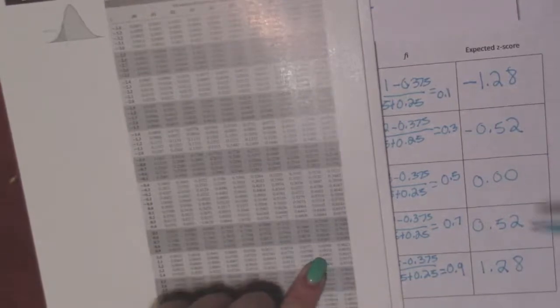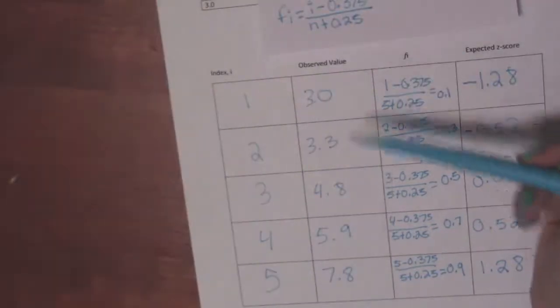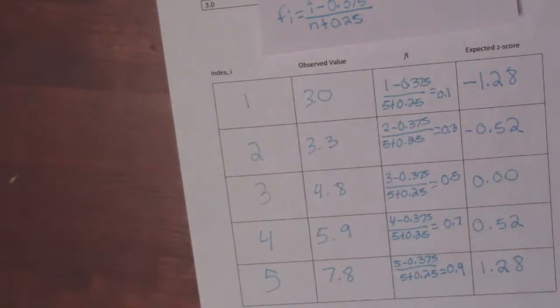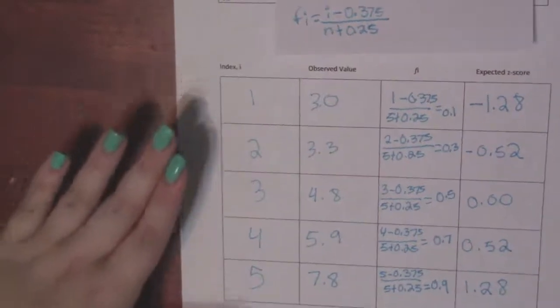So now we have our expected z-scores for each of these observed values.